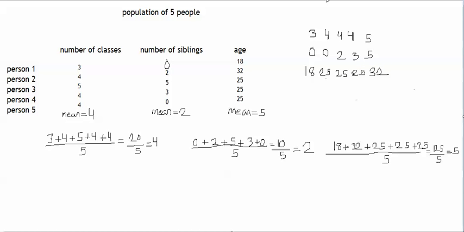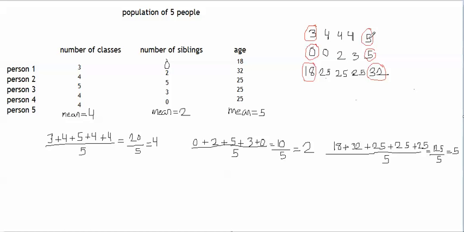You can see that in the set of numbers that has the lowest spread, the lowest and highest numbers are close together. They're only 2 apart. In the set of numbers that has more spread, the lowest and highest numbers are further apart because 3 and 5 are only 2 apart, but 0 and 5 are 5 apart. In the set of numbers that has the most spread, the lowest and highest numbers are even further apart because there's an even higher distance between 18 and 32.